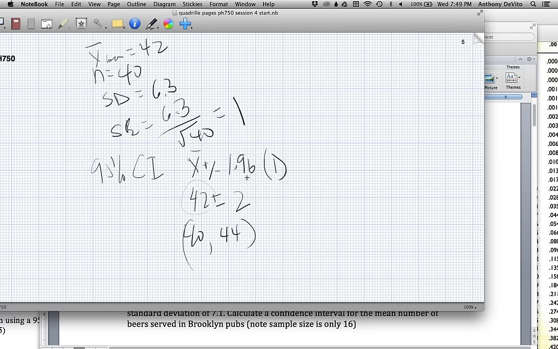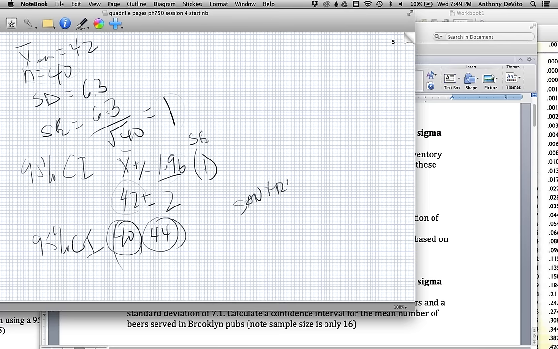So now, if I go out and I want to compare that to, let's say I go to San Francisco, right? And I want to test to see whether or not pubs in San Francisco carry the same number of beers as pubs in New York. Let's say I sample all the pubs in San Francisco, so I know what mu is equal to in San Francisco.